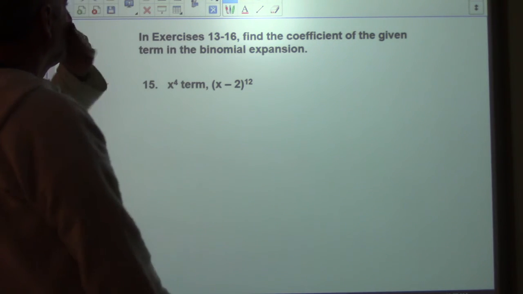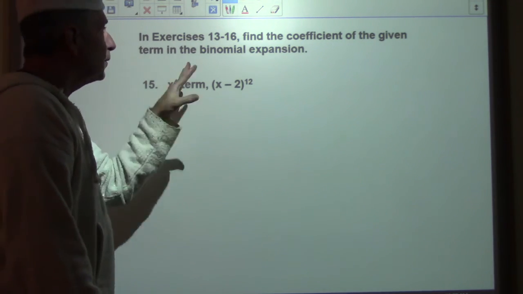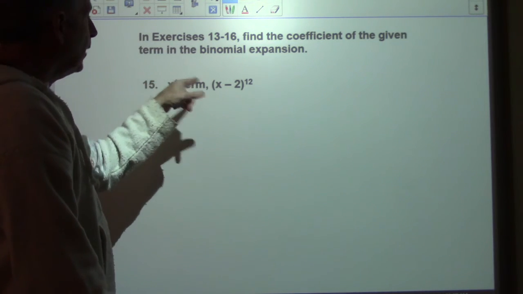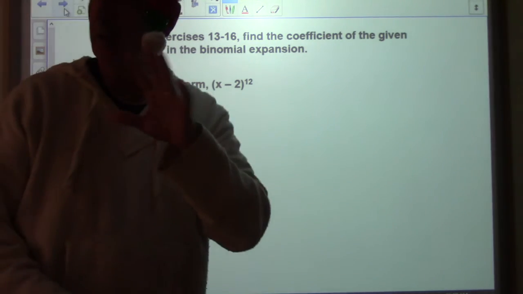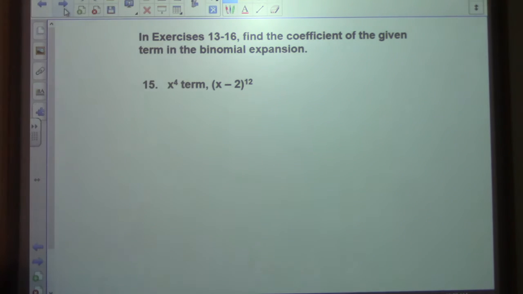Now, next, I'm gonna go ahead. Is it okay if I do number 15? Yes. Yeah, because what it is, we're dealing with a number instead. Okay, we got a number instead. And so what we're gonna do for this is, we're gonna do the x to the 4th term.